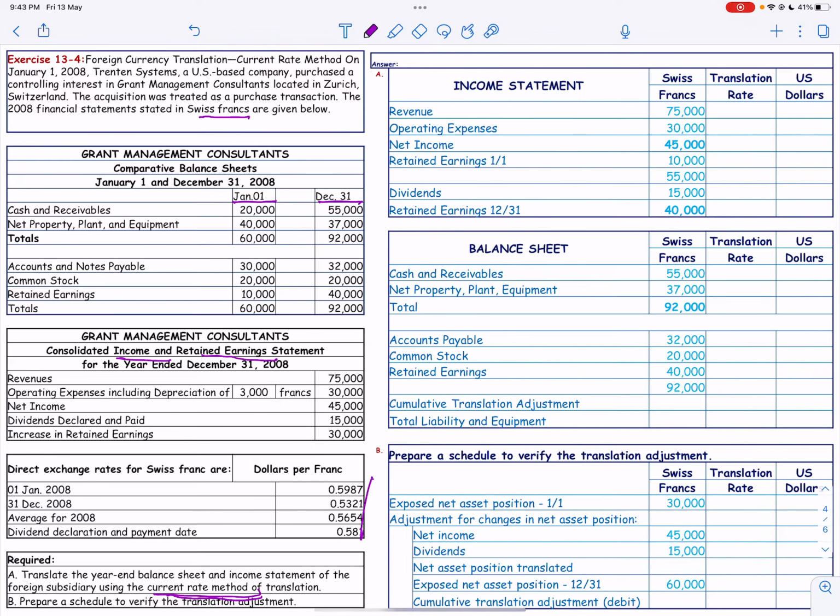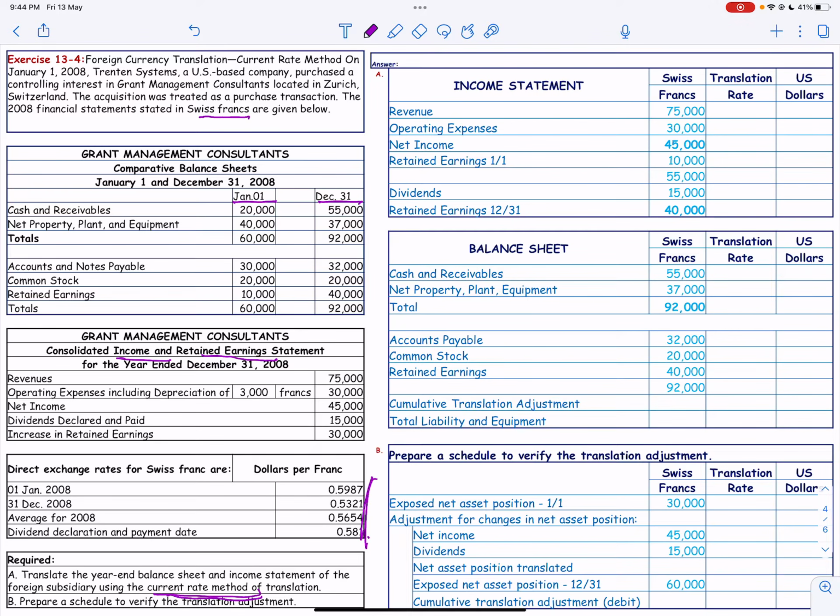You can see the dates on the historical and the current rate, the average rate and the dividend declaration and payment date. The exchange rates are provided at the beginning of the year as well as at the end of the year. Please note that the rates on 31st December are the current rates as the financial statement is prepared at the end of the year, and the rates on 1st of January are the historical rates.